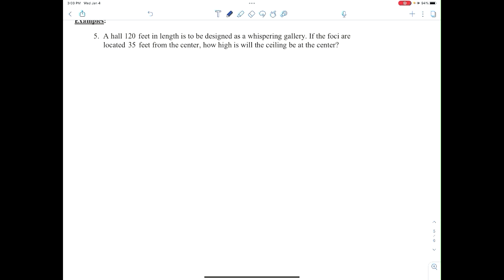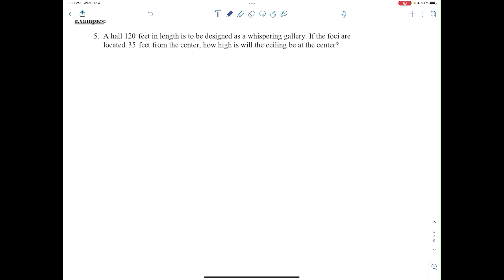Okay. Our last example is another application problem. A hall 120 feet in length is to be designed as a whispering gallery.